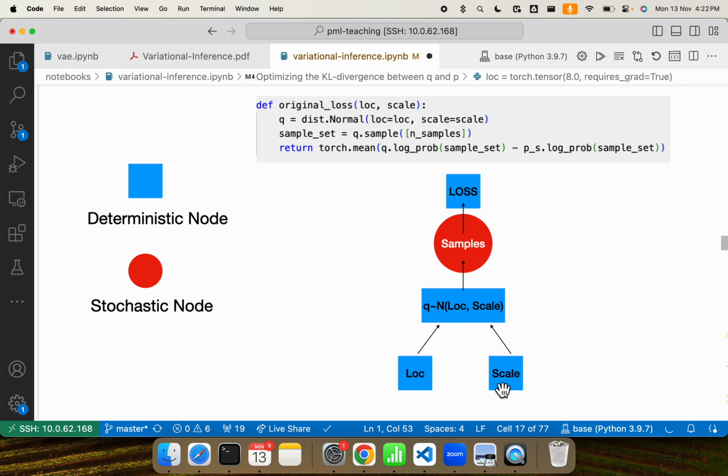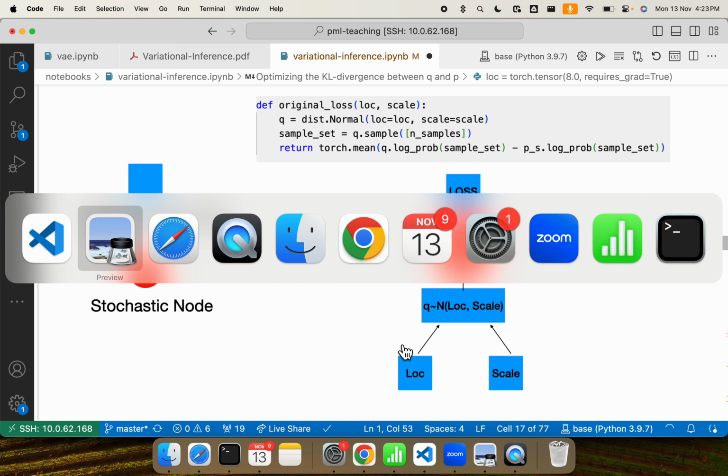Okay, excellent. So the hint is that we have to use the standard normal somehow, and that is what the reparameterization trick is. By the way, how many of you have heard of variational autoencoders? Okay, so anyone who's used variational autoencoders has heard of this. They use the same trick there, which is the reparameterization trick.